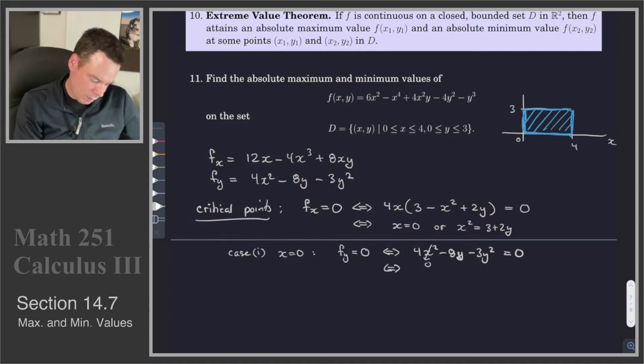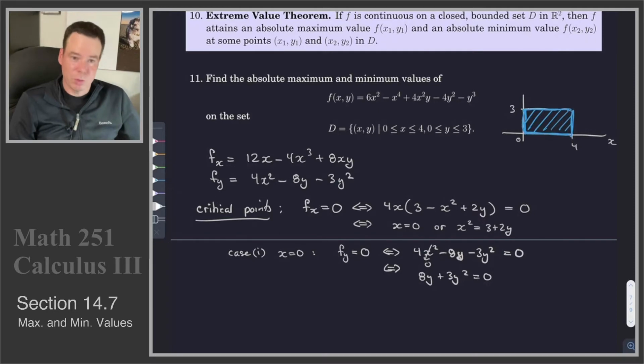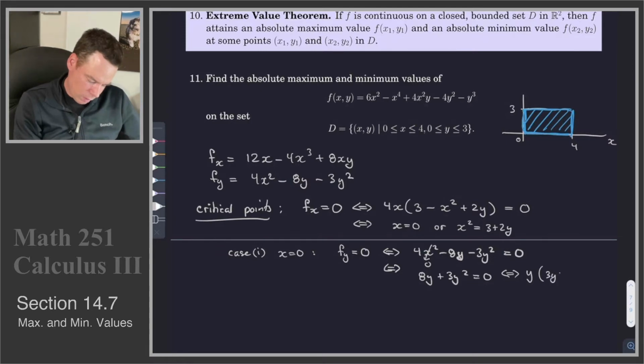So that tells me then that 8y plus 3y squared is equal to 0. I just realized that both terms were negative, so I just multiply by -1 to both sides of the equation. Or in other words, we get that y times 3y plus 8 is equal to 0. So that tells me then that either y is 0 or y is -8/3.